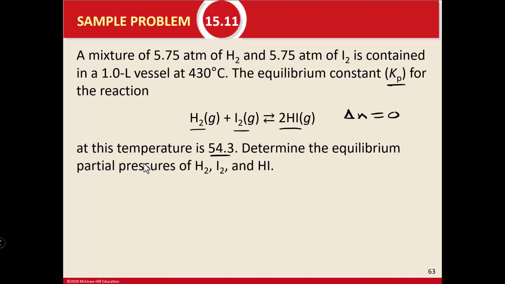Now notice we're not dealing with concentration. They want to know what the pressures are of the reactants and products at equilibrium. And notice these don't have concentrations up here. It's 5.75 of both the hydrogen and iodine. And again, we don't have any hydrogen iodide to begin with. So we know this reaction Q is less than K. We know the reaction's going in a forward direction.